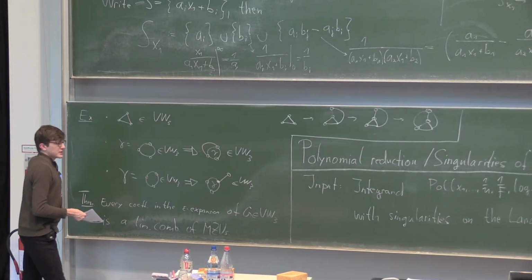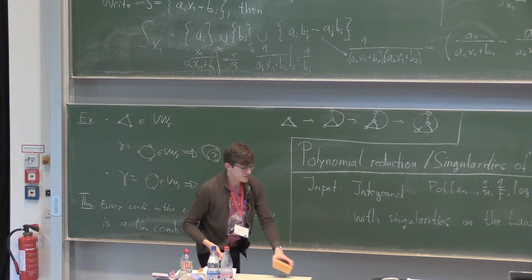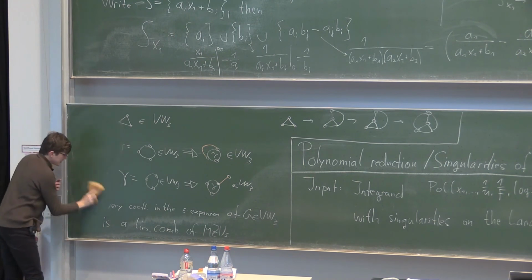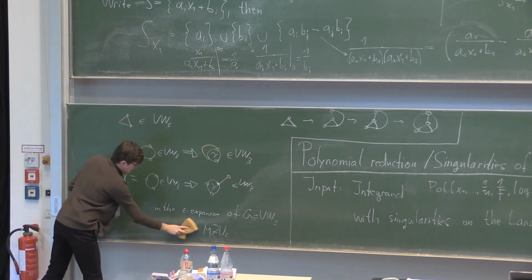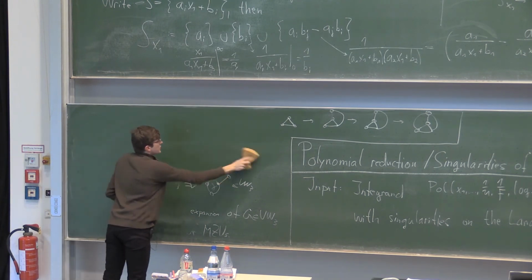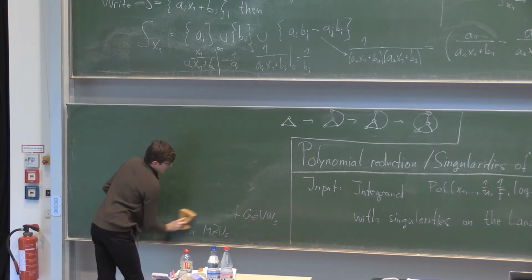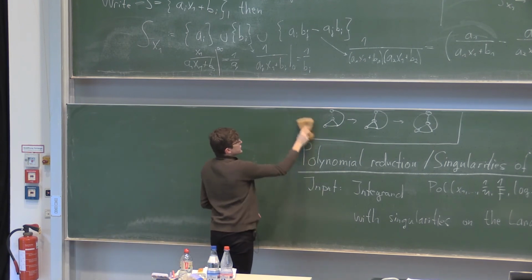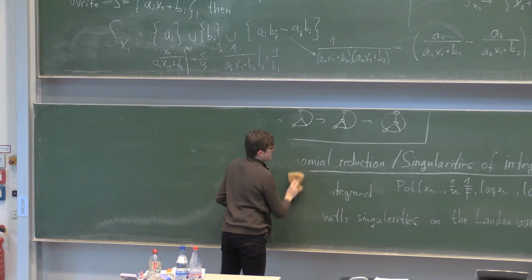And now we can just play the same game again. So this is called polynomial reduction. You keep track of a set of polynomials, which in this example are all very simple polynomials, but trust me, they can get quite horrific. You trace the polynomials that describe a boundary on the locus of singularities, and you reduce one variable at a time.